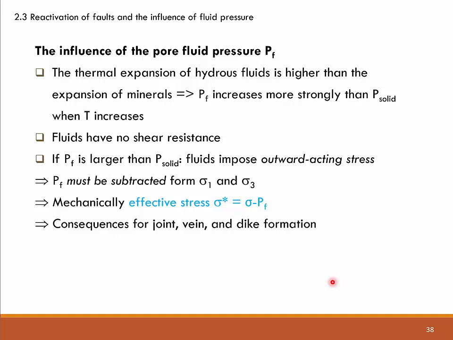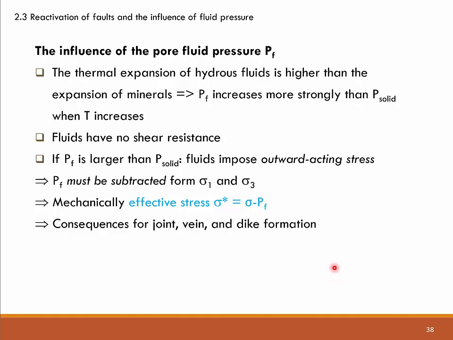The point is that when fluid pressures increase more strongly than the pressure in the solids, the fluids will impose an outward acting stress. These are little cavities with fluids that try to expand more than the space volume increases in which they are contained, and that would impose an outward acting stress.